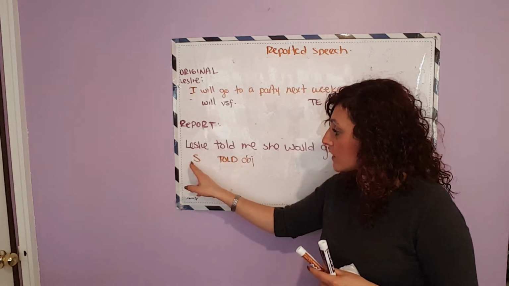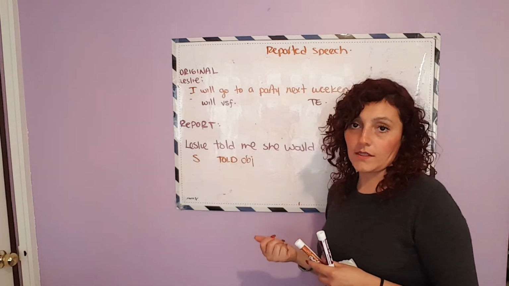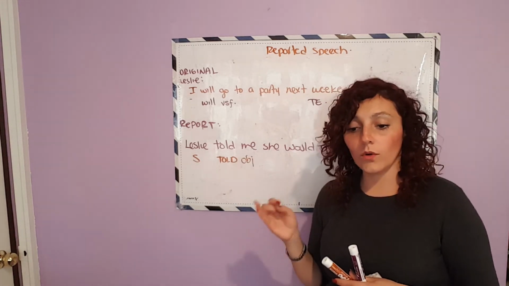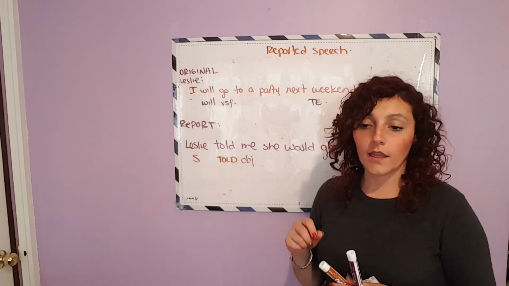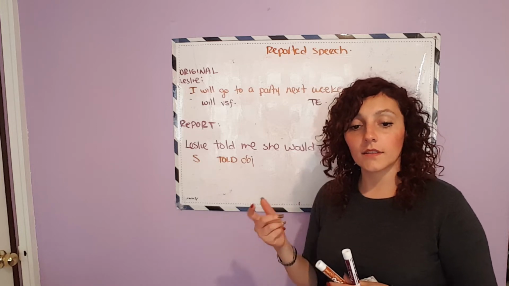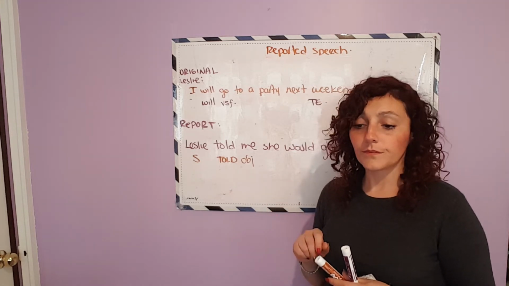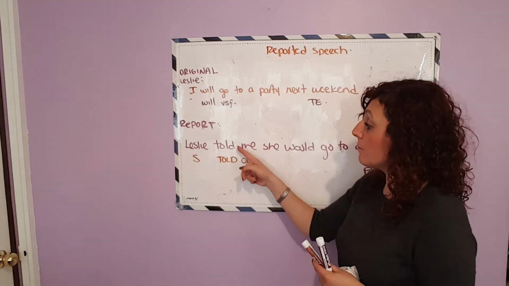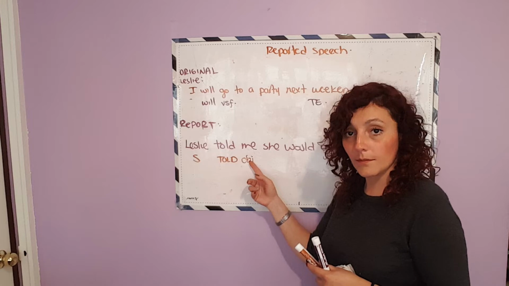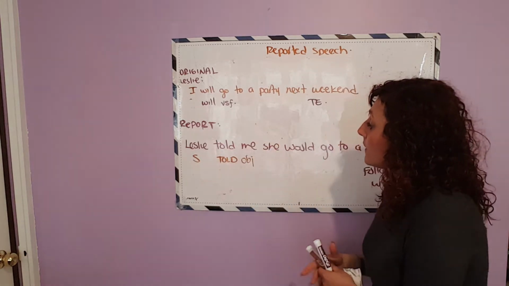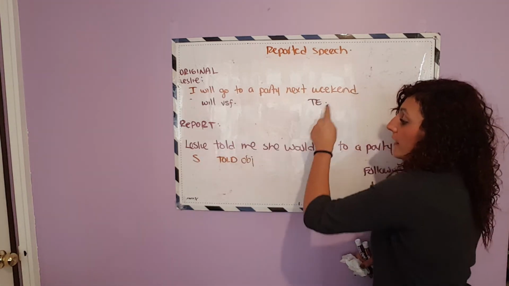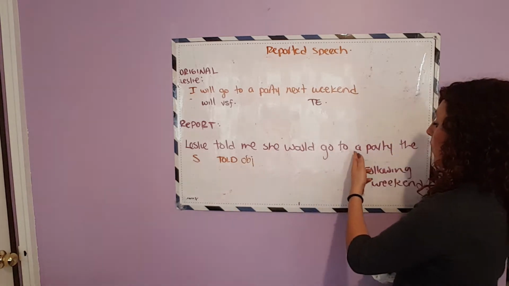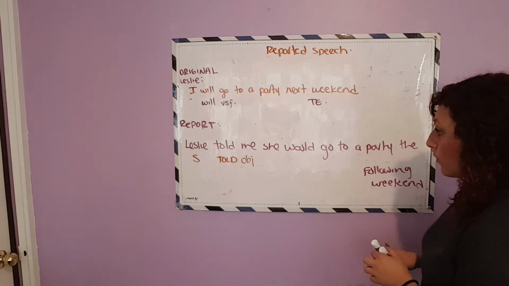The doer of the activity, the receiver of the activity. So, I, me, you, she, her, he, him, it, we, us, they, them, you. Those are the object pronouns, and you must use them after the verb told, sorry. And then you continue with the idea. Leslie told me she would go to a party the following weekend.